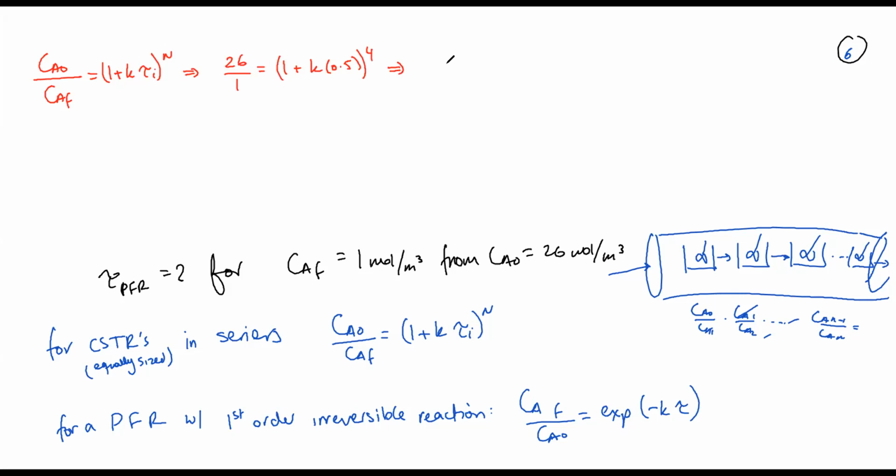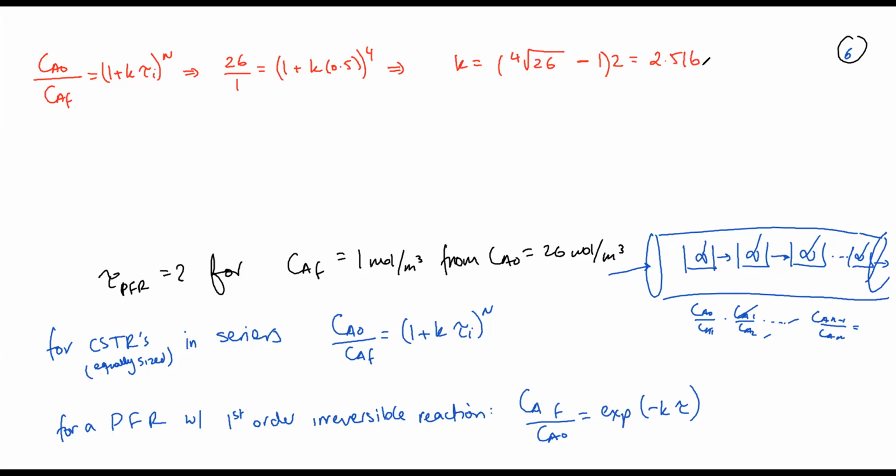So if I just do this, I'm going to get K will be equal to the 4th root of 26 minus 1, multiplied by 2 or divided by 0.5. And if you do the calculation, you should get this is equal to 2.516.